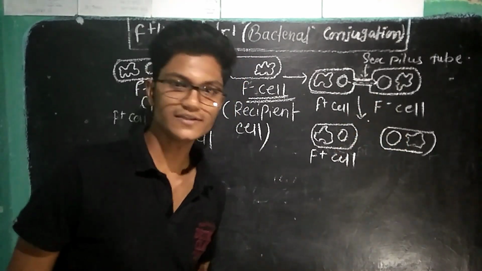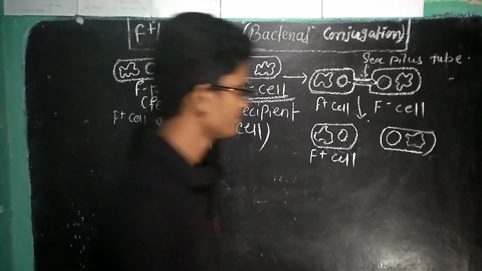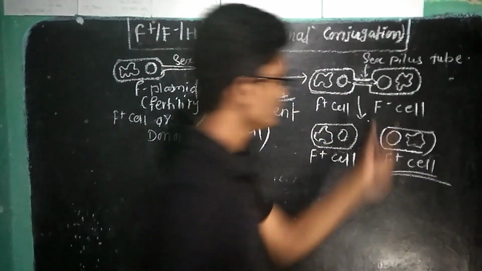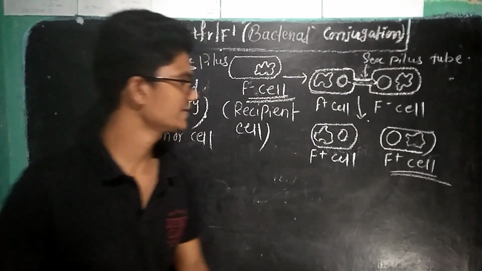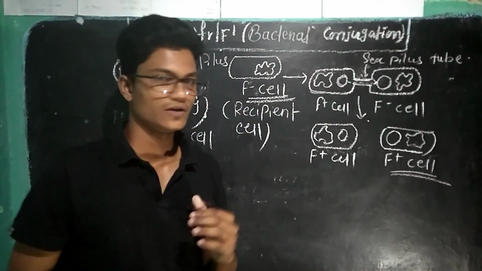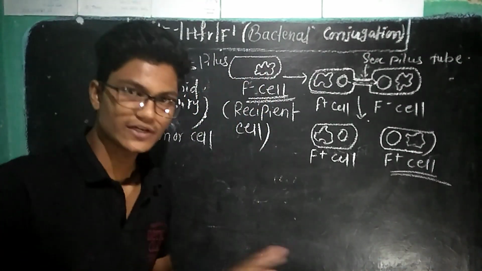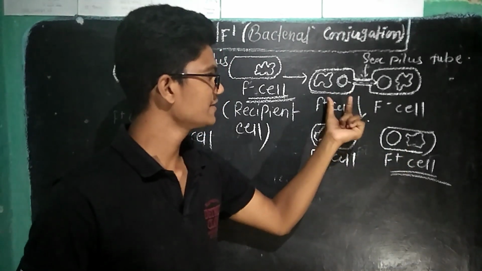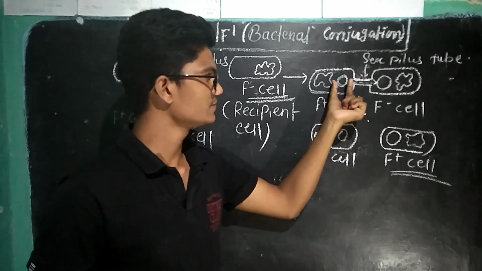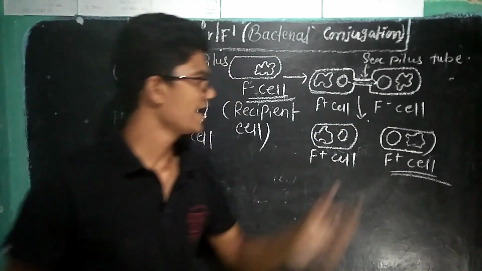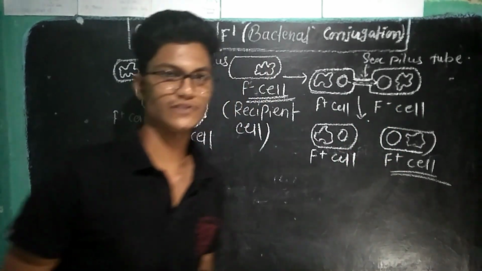Now the F minus cell gets converted into an F plus cell. How does the F minus cell get converted into an F plus cell? Initially in the F minus cell the F plasmid is totally lacking, but after replication in the F plus cell, one of the F plasmids is transferred into the F minus cell, and the F minus cell gets converted into an F plus cell.